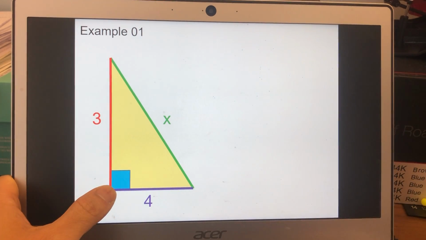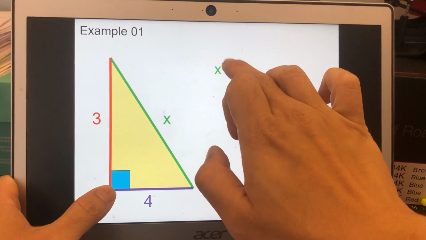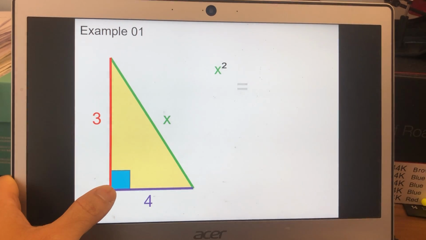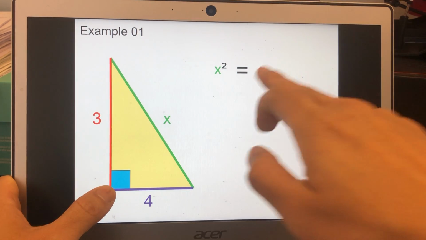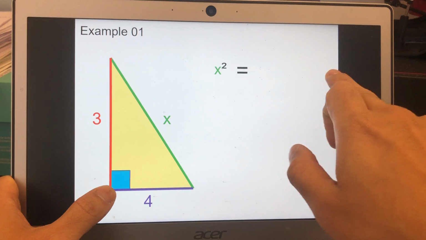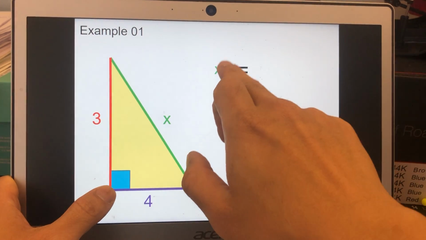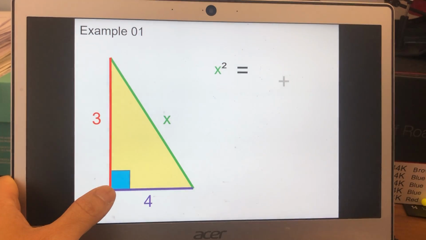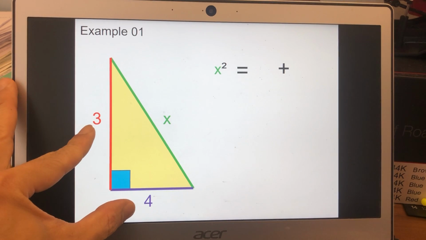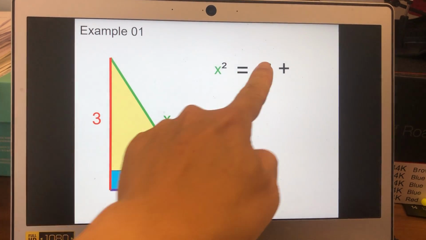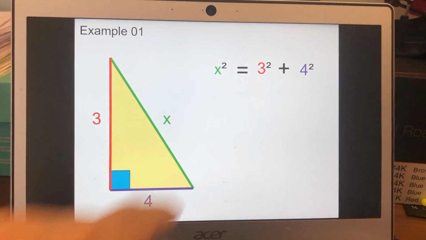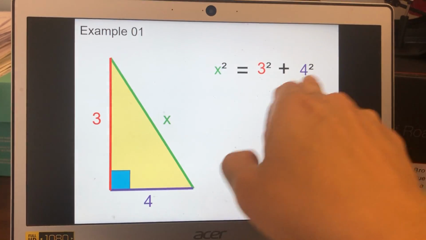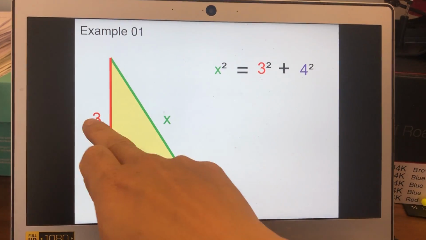We know that according to the theorem, the hypotenuse square, x square, is equal to, do you remember how to continue here? The hypotenuse square equals the sum of the legs square. So first of all, 3 square and then 4 square. So this is how we write down the relationship among the three sides.